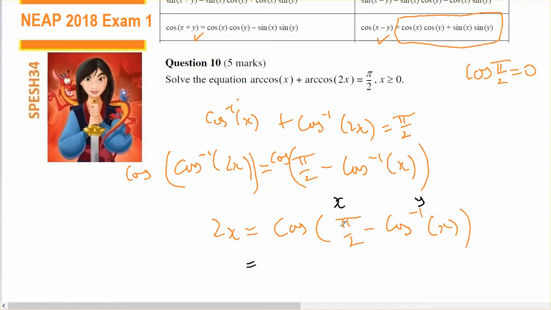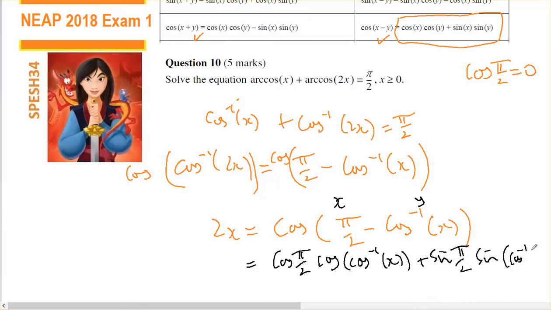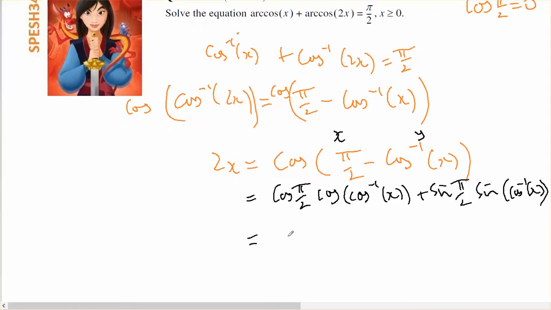So I'm going to have the cos of pi on 2 times the cos of the inverse cos of x, and then plus the sine of pi on 2 times the sine of the inverse cos of x. It's going to equal 0 times x plus 1 times the sine of the inverse cosine of x.